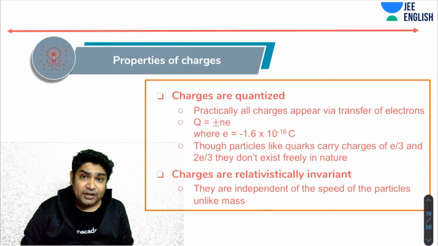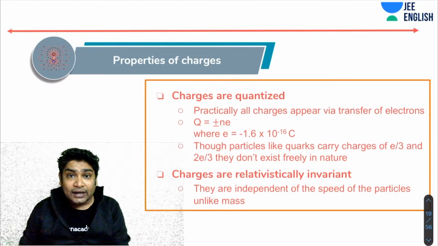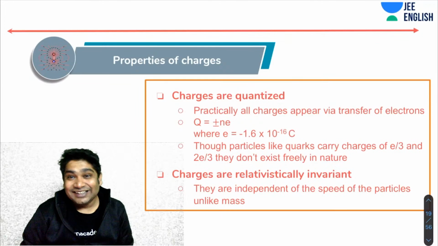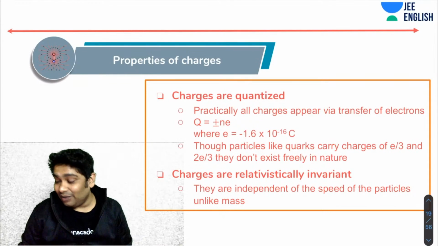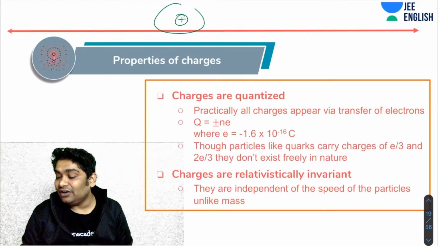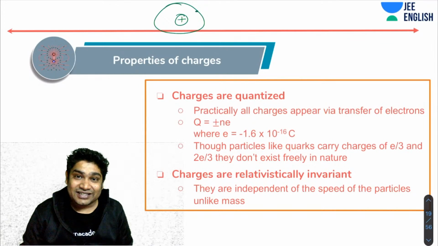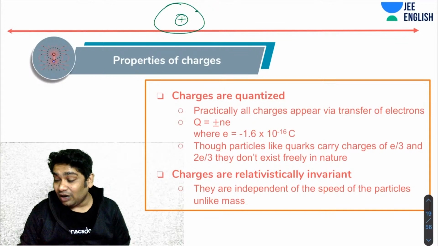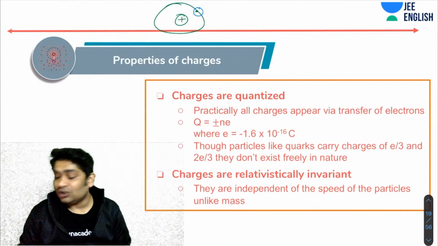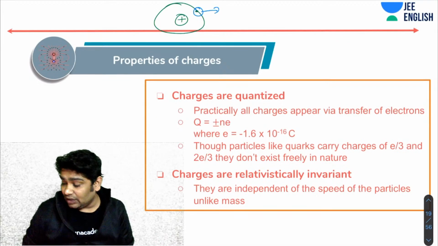Next property of charges is that charge is always quantized. In the universe we are dealing with, all matter is made up of atoms. Atoms are made up of nuclei and electrons. Inside the nuclei, the charges are very strongly bound, so you cannot take them out. Practically all charge transfers happen by transfer of electrons, and electrons have a fixed amount of charge.